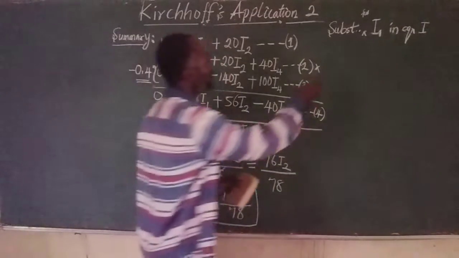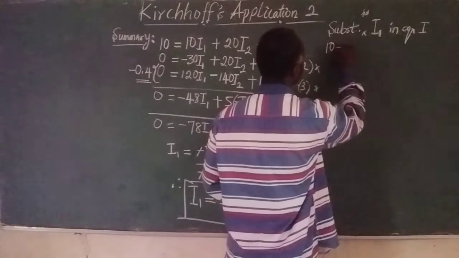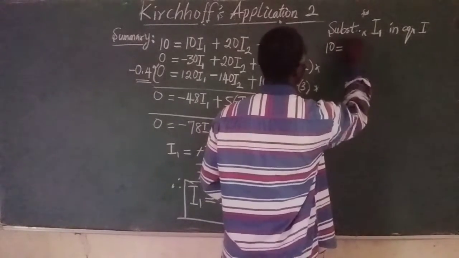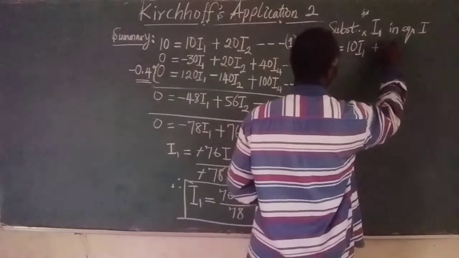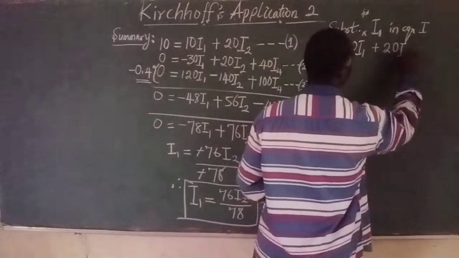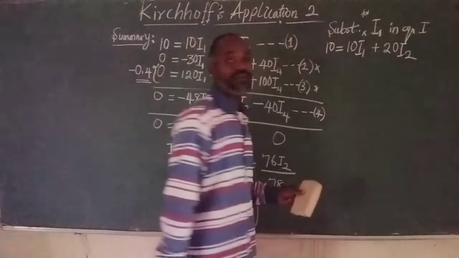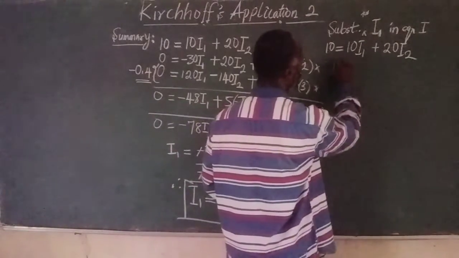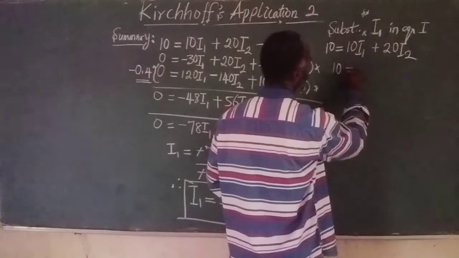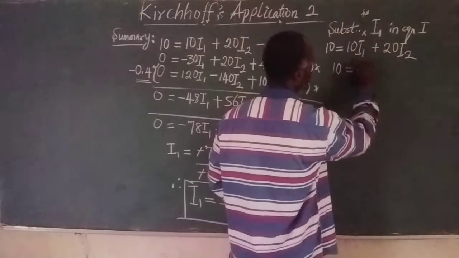Our equation 1 is 10 is equal to 10I1 plus 20I2. That's our equation 1. Good. So the next thing is for us to quickly substitute for current 1. Have our 10 here.